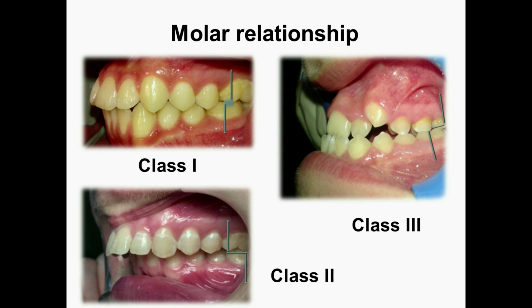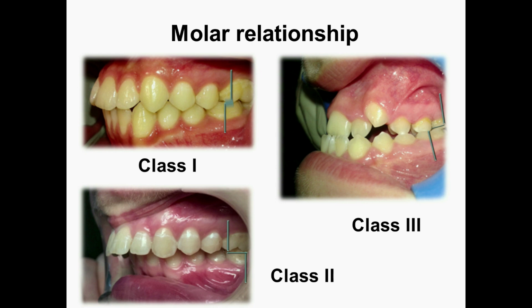The buccal segment relationship is described using the Angle classification. Molar relationship, class 1, neutroocclusion: the mesiobuccal cusp of the upper first molar occludes in the buccal groove of the lower first molar.